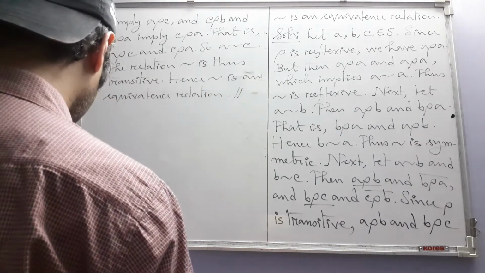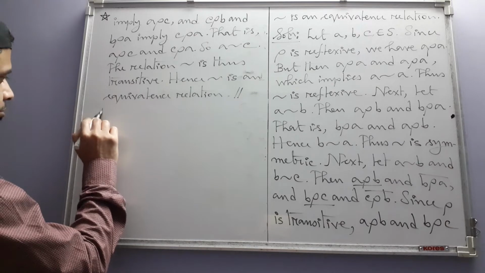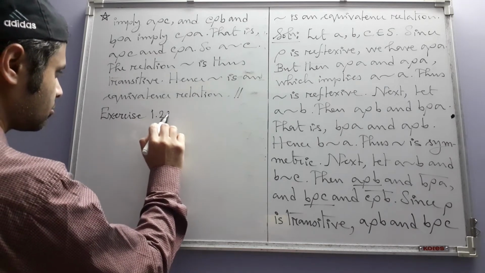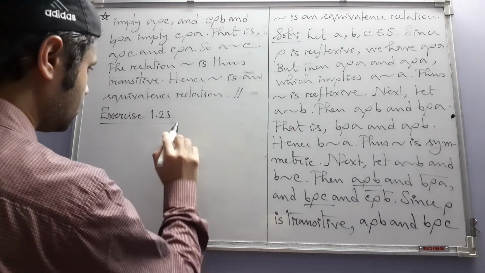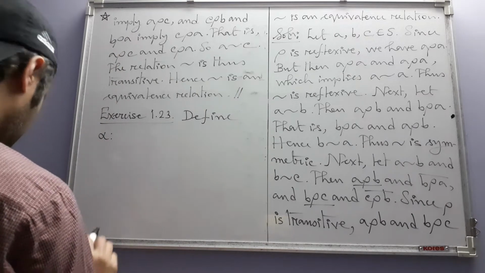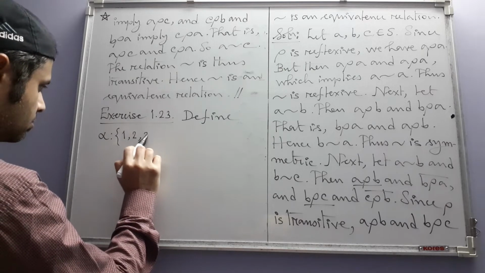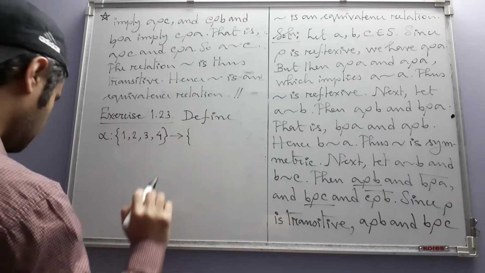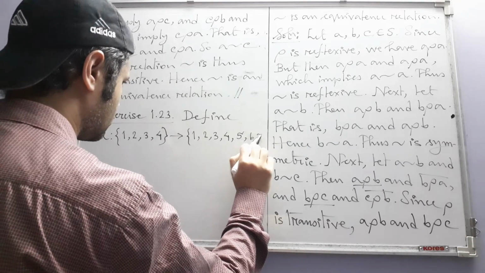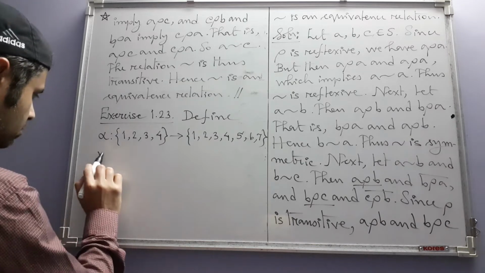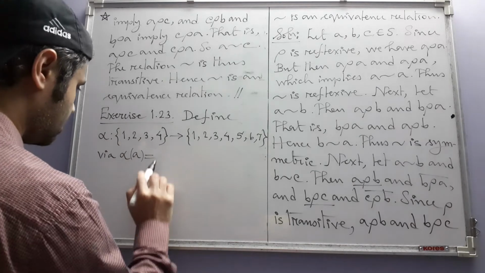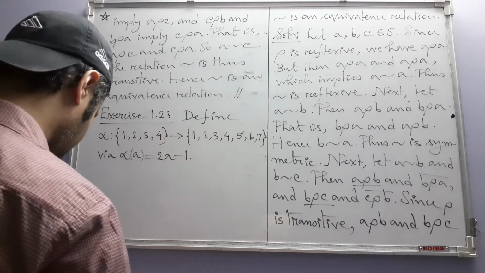So the next few exercises are about functions. Define alpha from this set to this set of the first 7 natural numbers via this formula: alpha of a is defined to be equal to 2a minus 1.